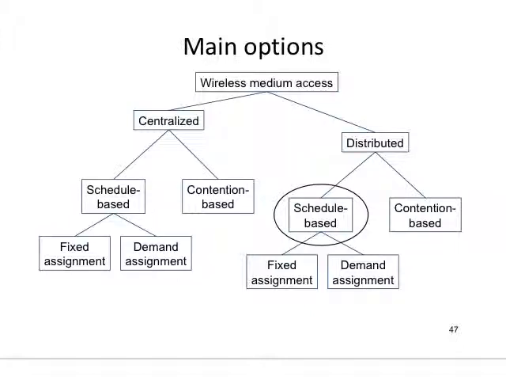This is a state-of-the-art kind of research work, and we talked about the high-level idea in these 5 papers, in addition to the basic concepts that exist in the book. When we are in the schedule-based approach, we want to divide the channel.